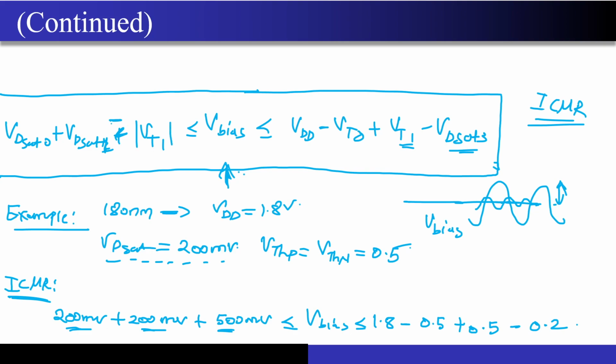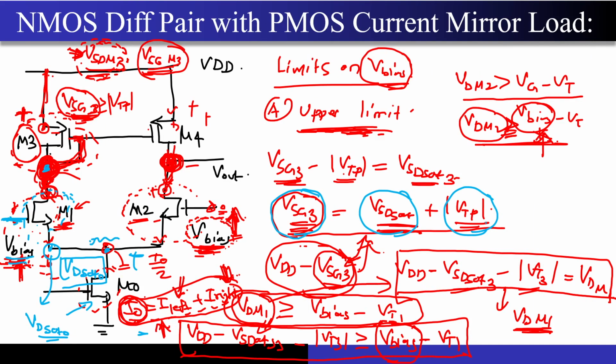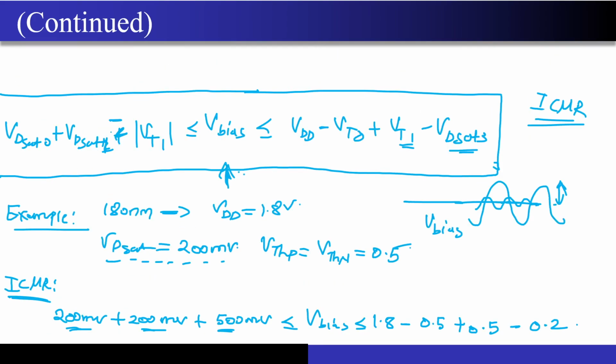Let me just check. This was transistor 1, and I was working with transistor 1. This is not a PMOS transistor; this is an NMOS transistor. So the mod you can remove, because this was the threshold voltage of NMOS only. So now let's look at the NMOS case.